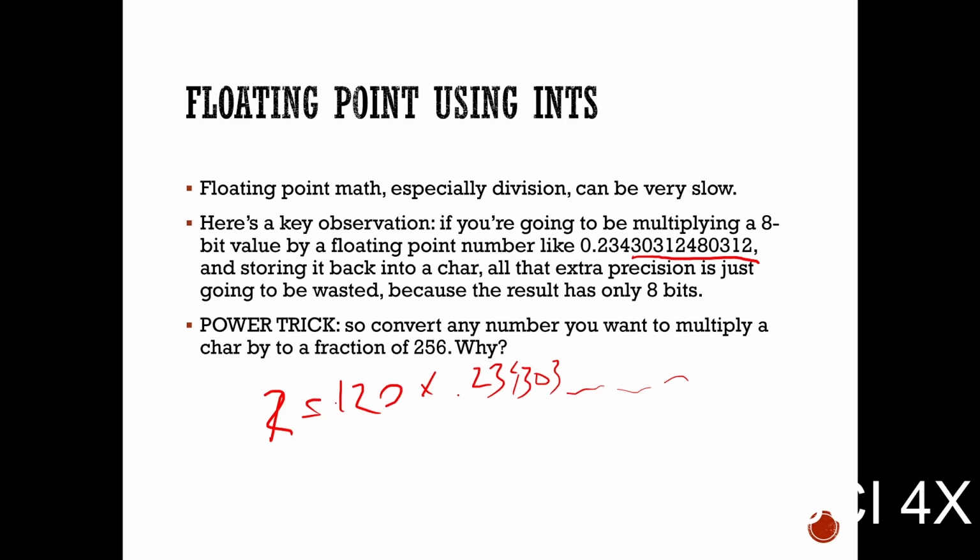Because it's going to be stored back into a char. So how many bits of precision actually matter? Maybe 3, maybe 4. I don't know. Especially if you're doing image processing.